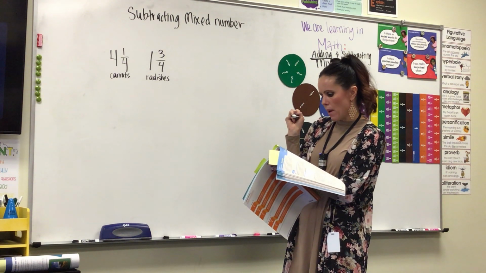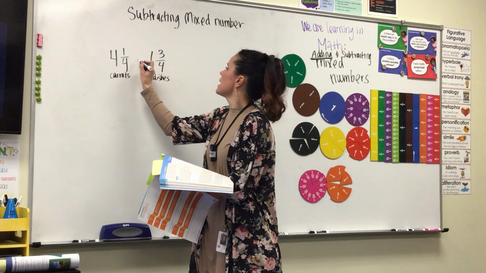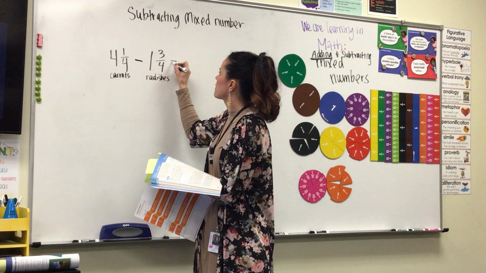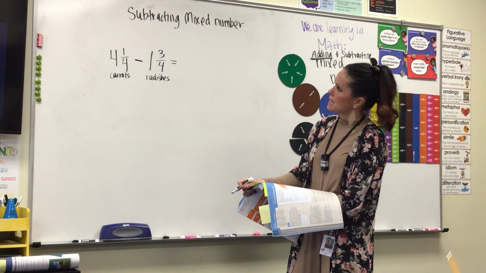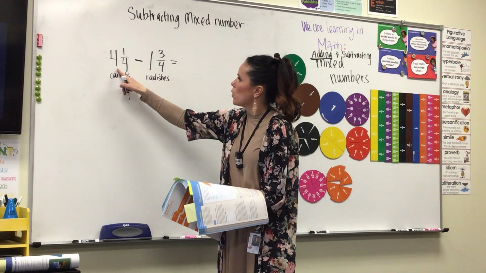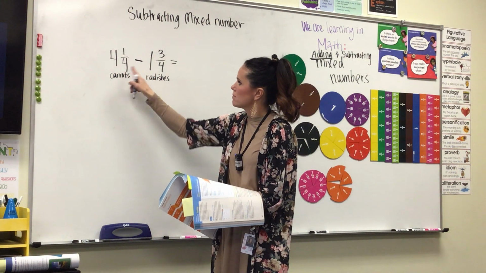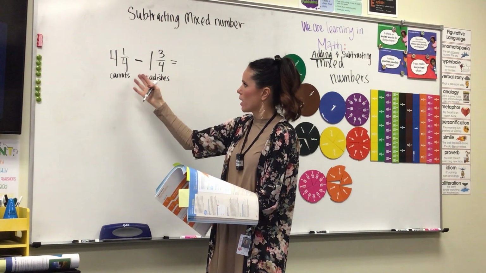All right, now I know how many more pounds of carrots does she pick than radishes. Hannah says they're asking me to subtract to find the answer. I can see that first off, I have whole numbers, 4 and 1, and I know that 4 take away 1 makes 3. That works.